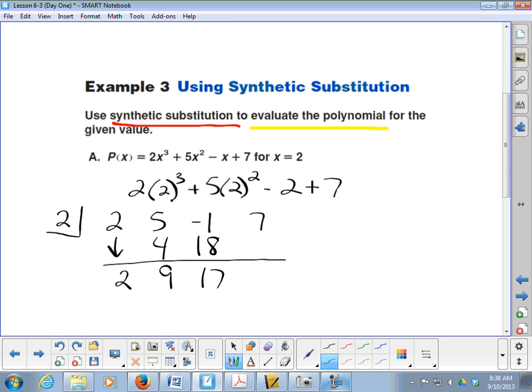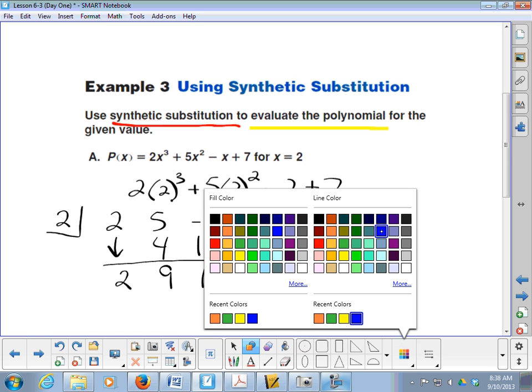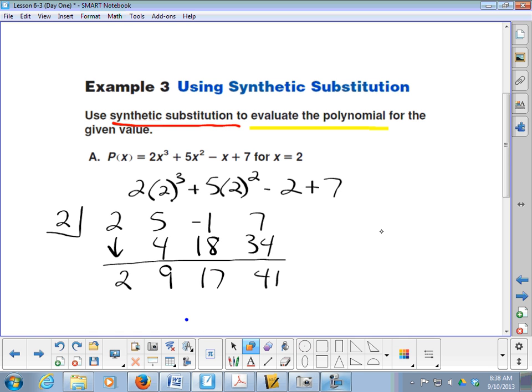Negative 1 plus 18 is 17. 2 times 17 is 34. So we get 41. This is my answer right there. If you put 2 in for x, you will get 41.